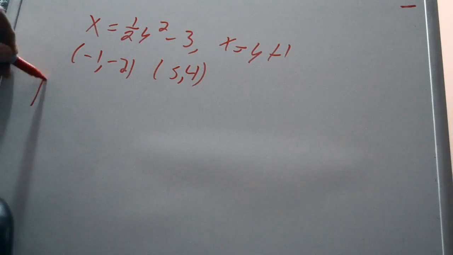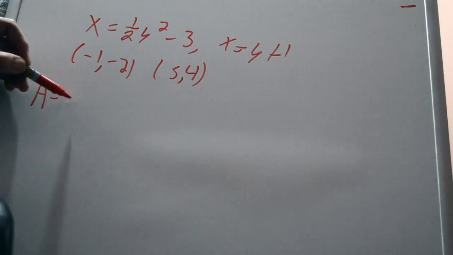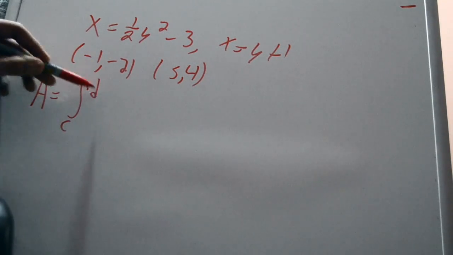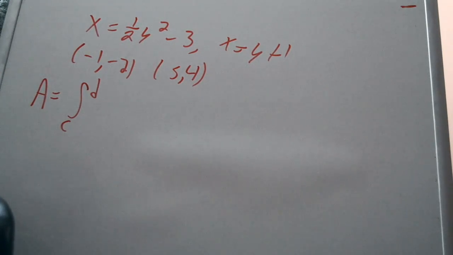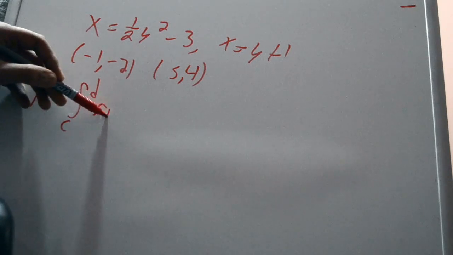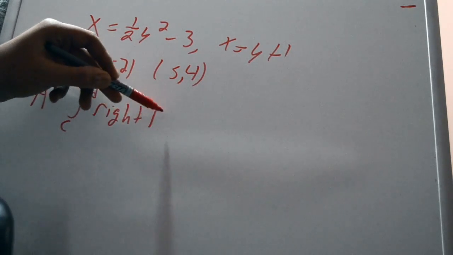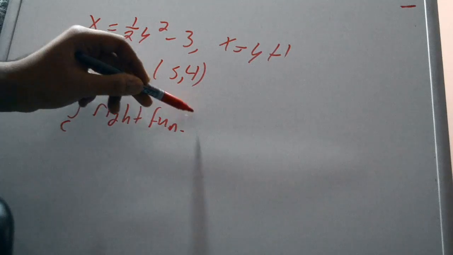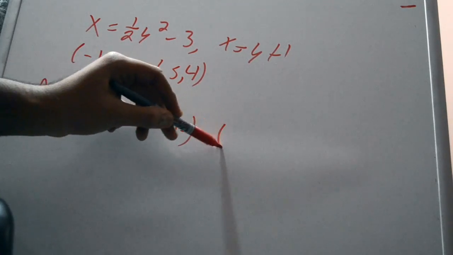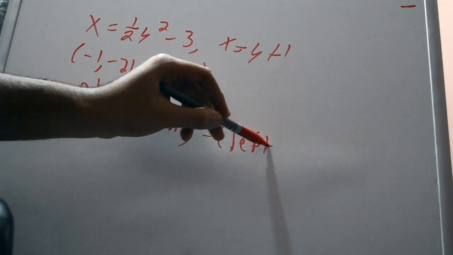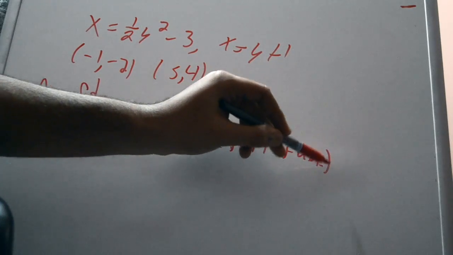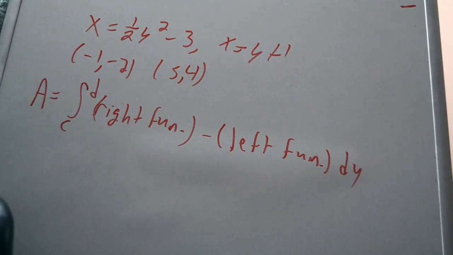So we will have A, the area, is the definite integral from C to D of the right function minus the left function with respect to y.